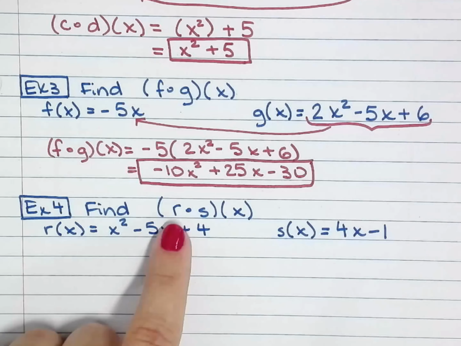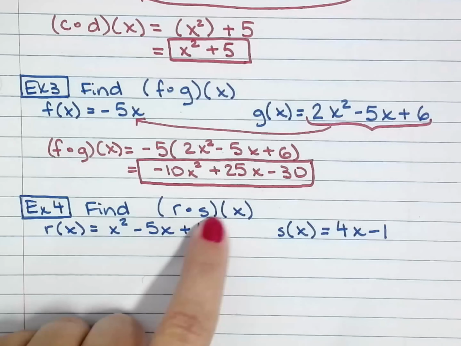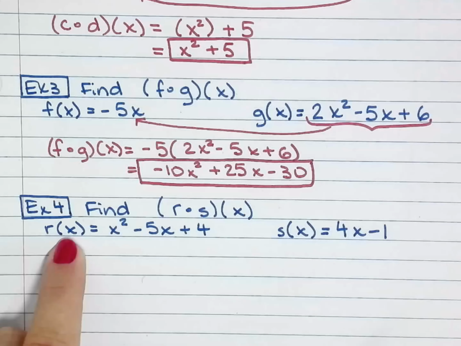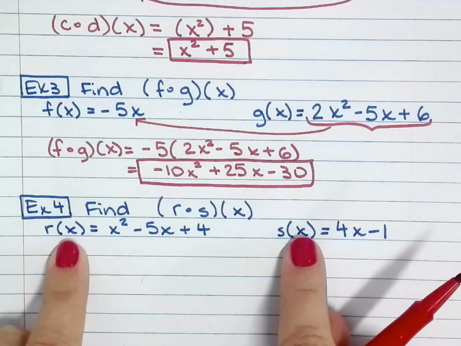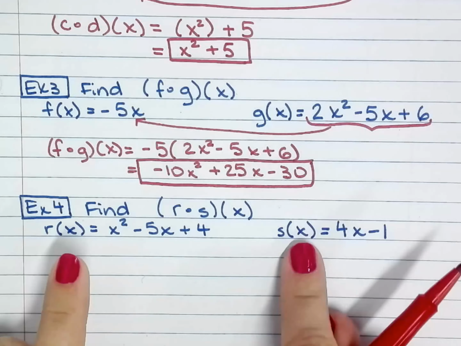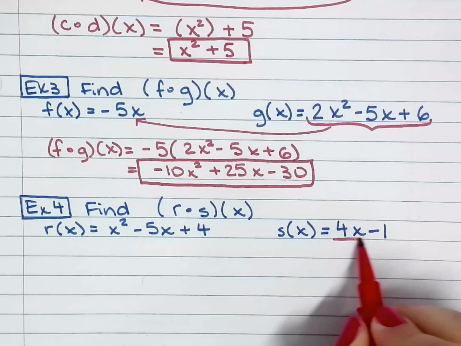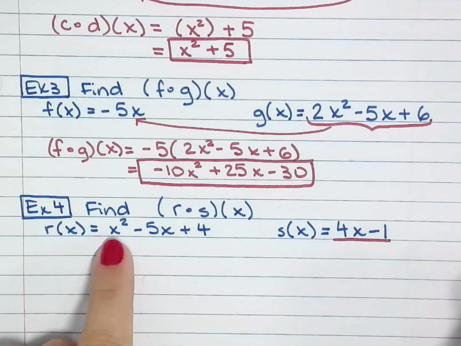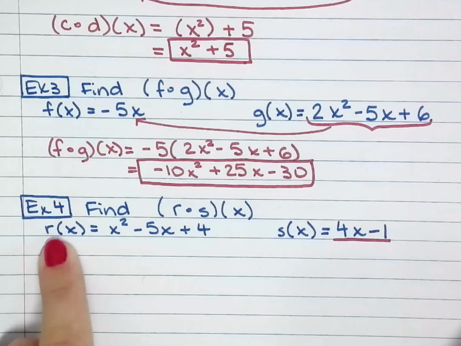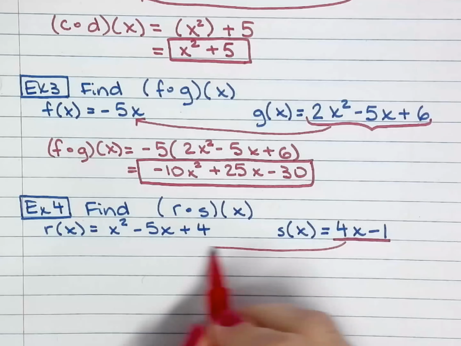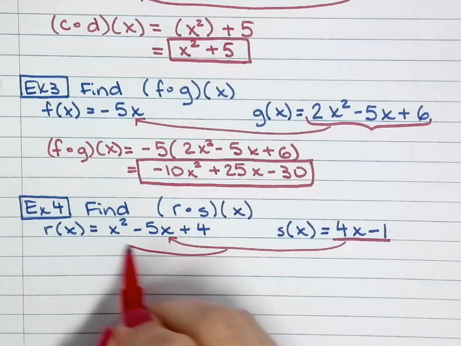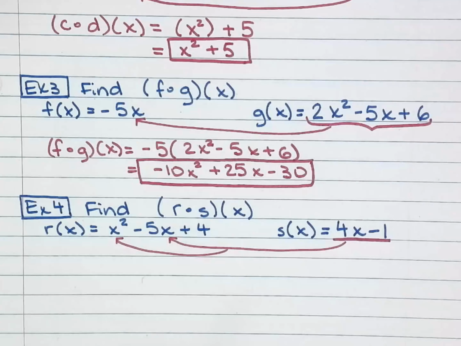Last one, we have r is composed with s of x. So r, that's this function right here, is composed with s of x here. So every time I see x on r of x function, I will substitute that with s of x function right there.